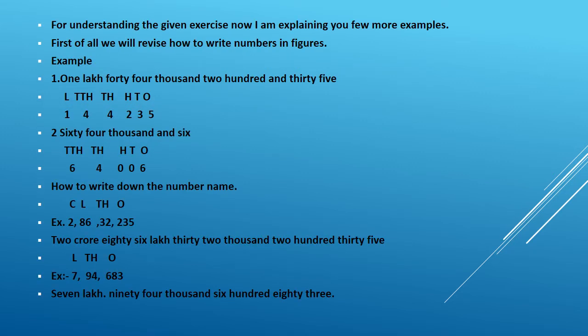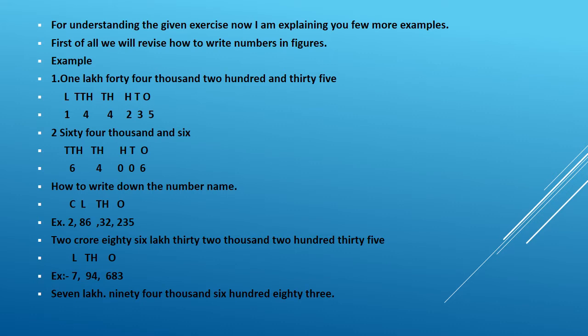For understanding the given exercise, now I am explaining a few more examples. First of all, we will revise how to write numbers in figures. Example 1: 1,44,235 write in figures.